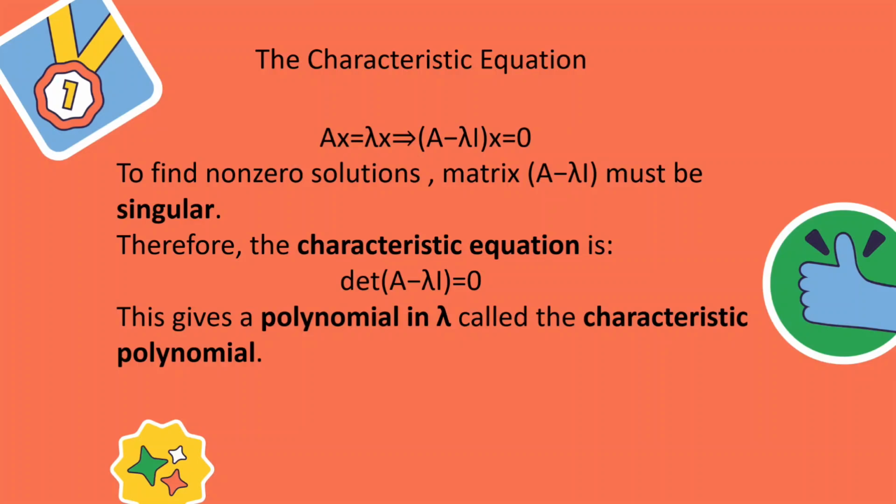That leads us to the characteristic equation, defined as the determinant of A minus lambda I equal to 0. This determinant gives us a polynomial in lambda called the characteristic polynomial. The roots of this polynomial are the eigenvalues of A.